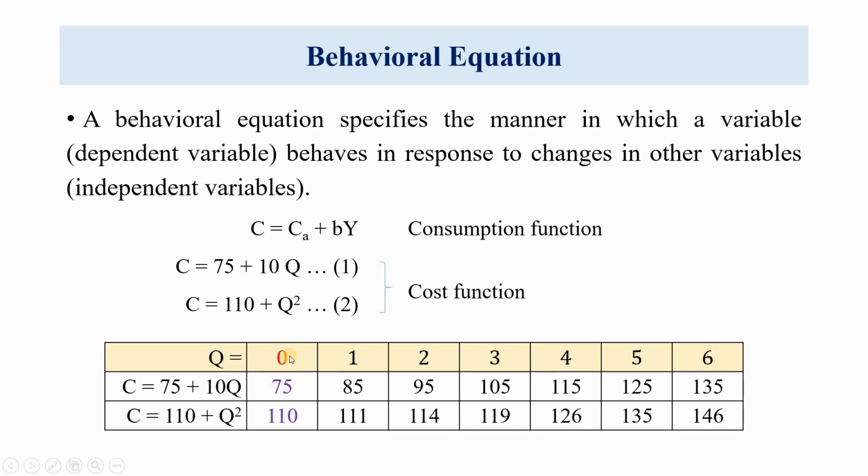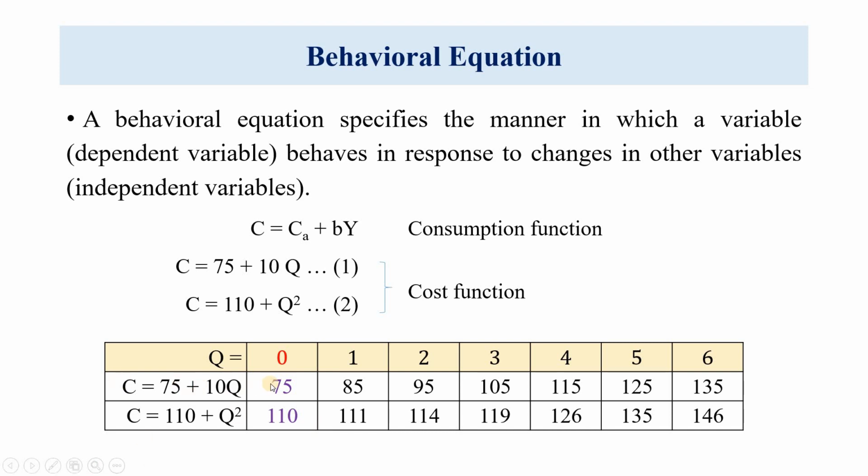So when output is 0, we have a fixed cost 75 according to our equation 1, and when output is 0 according to our cost function equation 2, we get that 110 fixed cost.